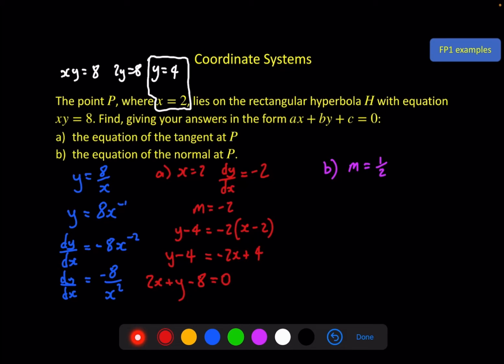Now let's continue with the normal. Very similar. y minus 4 is equal to a half, x minus 2. So if I multiply everything by 2, we've got 2y minus 8 equals x minus 2. To put it into the form that they want, we've got 2y minus x minus 6 equals 0, and that is the equation of the normal.